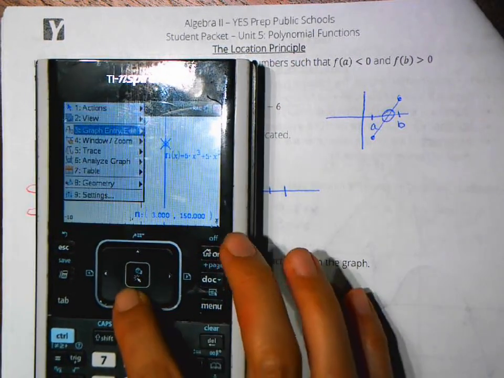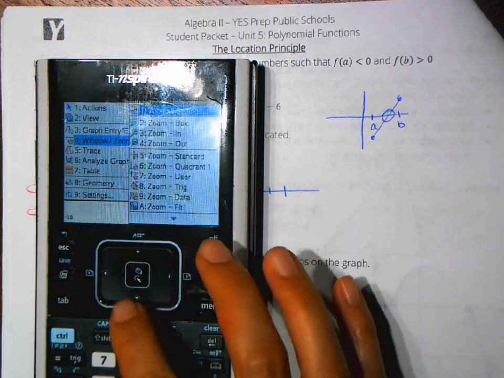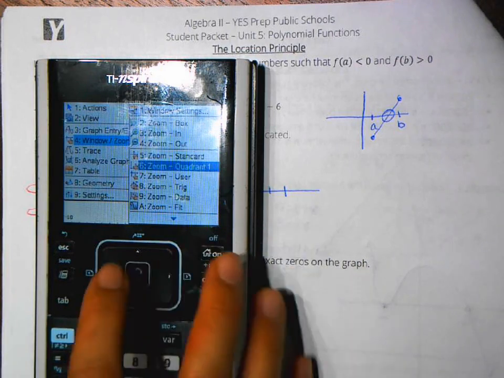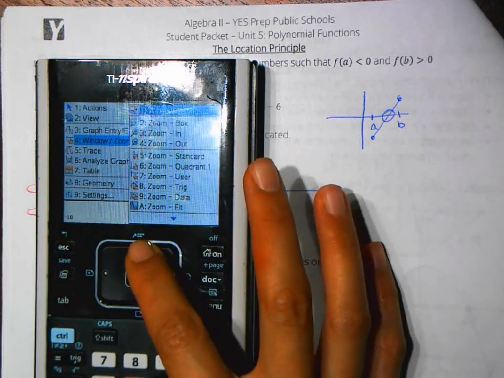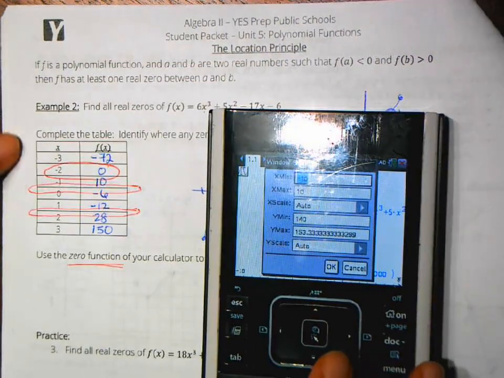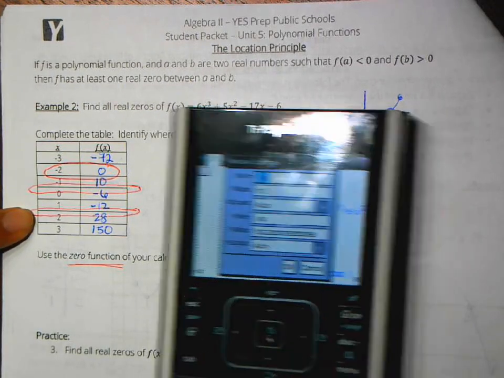All right, I'm going to go to Zoom, and go ahead and go to the Window settings, because I know according to this, my zeros are going to be at -2, somewhere between 0 and -1, and somewhere between 1 and 2.